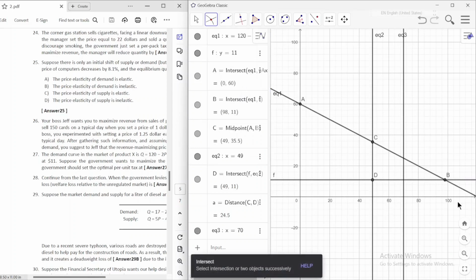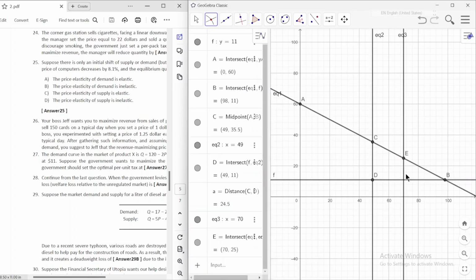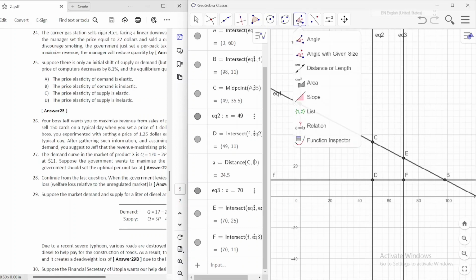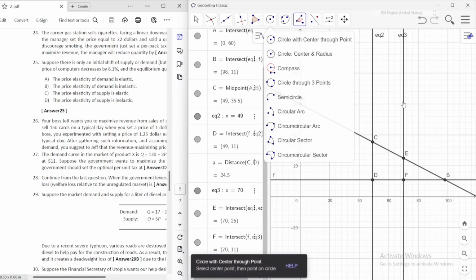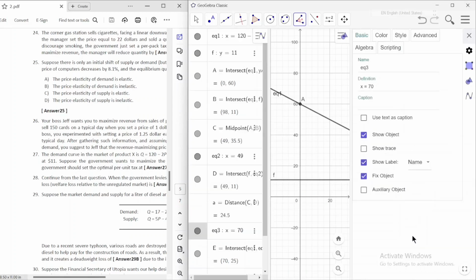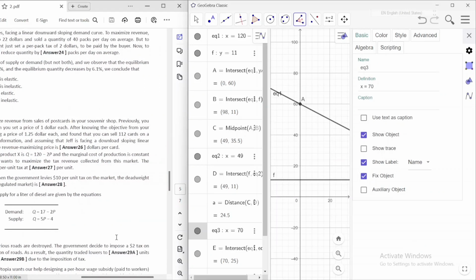Now you need to measure this length. Also let's change the setting of this line so that it can move, because we need to adjust it so that the length becomes $10, right?